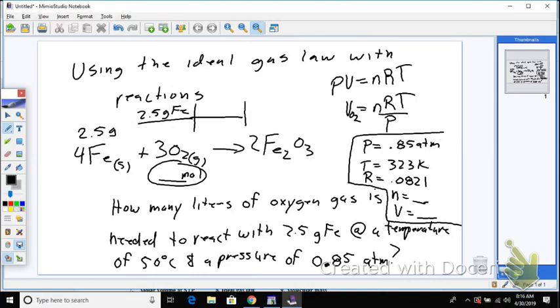So I go 2.5 grams of iron over 55.85 grams of iron. That's 1 mole of iron. And then I do my mole-to-mole ratio. So for every 4 moles of iron, I have 3 moles of oxygen. Then once I have that, I will plug that in with the moles. And then I can do my calculation.